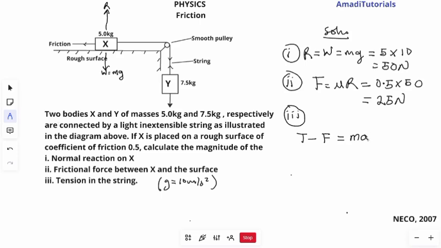This acceleration A represents the common acceleration that the system will move with. So our T, we don't know, that will be T minus our F, which is 25 Newton. We already calculated it, 0.5 times 50. So we write here 25 equals our mass of X, which is 5.